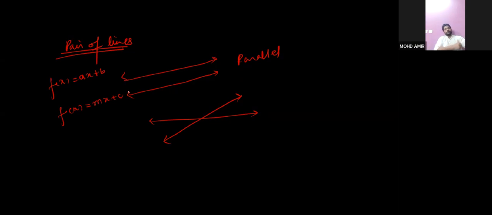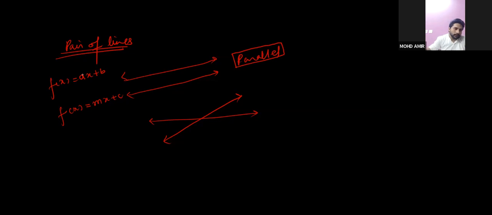Okay, now we know that parallel lines never intersect each other. That means their direction must be the same, or we can say that they are increasing or decreasing in the same manner. That's why they are parallel.